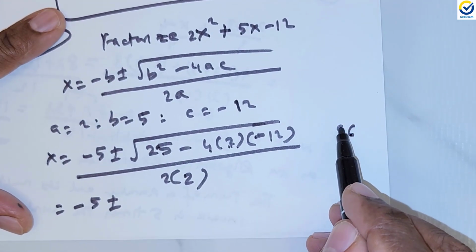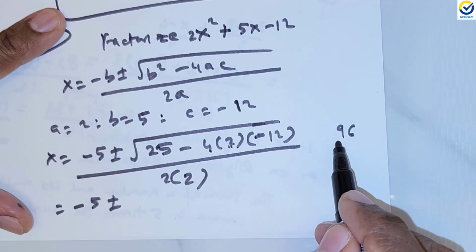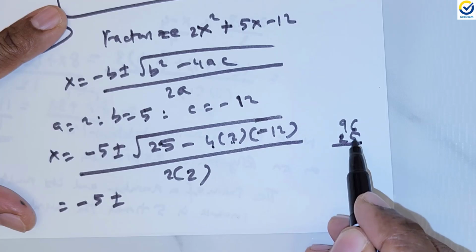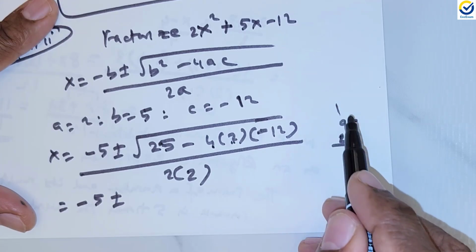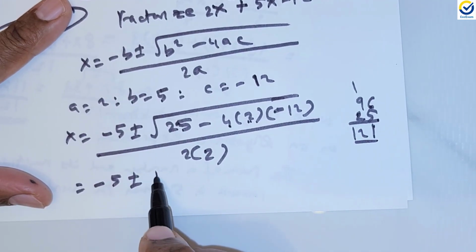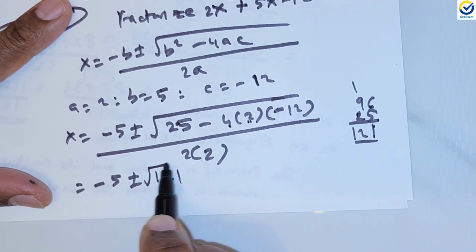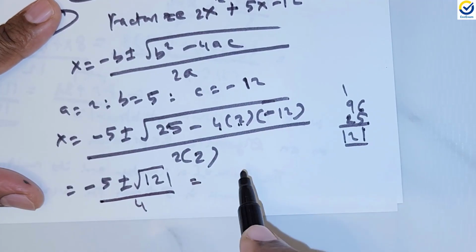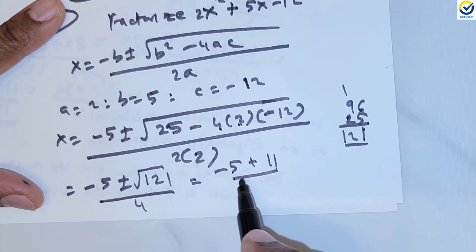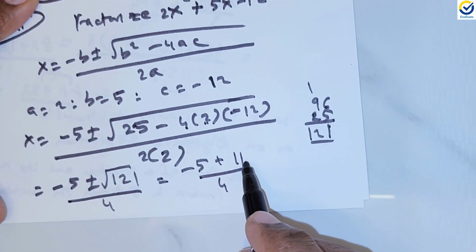So there is going to be -5 plus or minus the root of 4 times 2 is 8, 8 times 12 is 96, and we have to add 25 to that, which gives 121. So you have the root of 121 divided by 4. So it's going to be -5 plus the root of 121, which is 11, over 4.